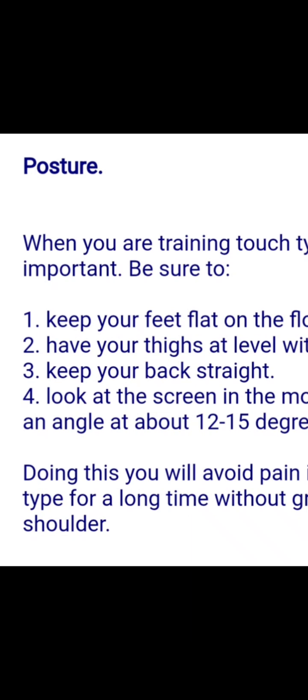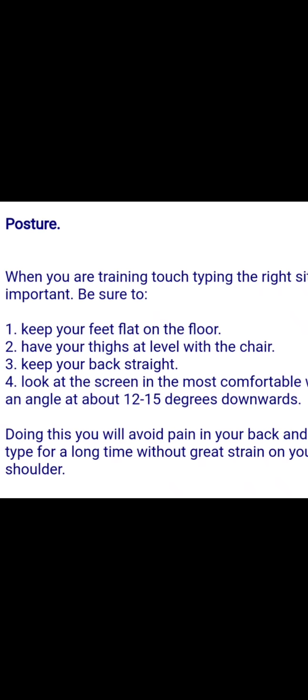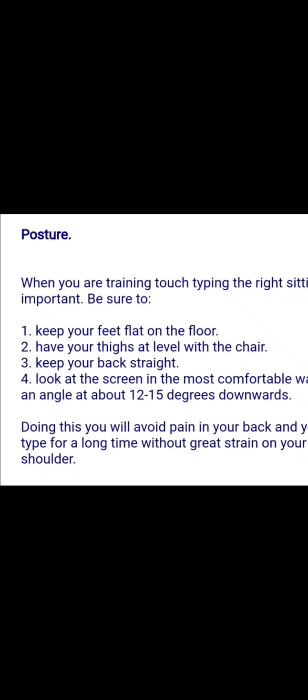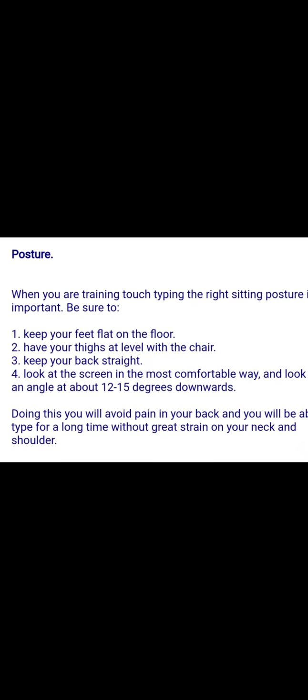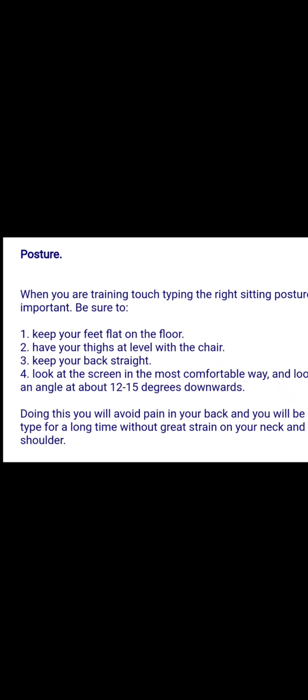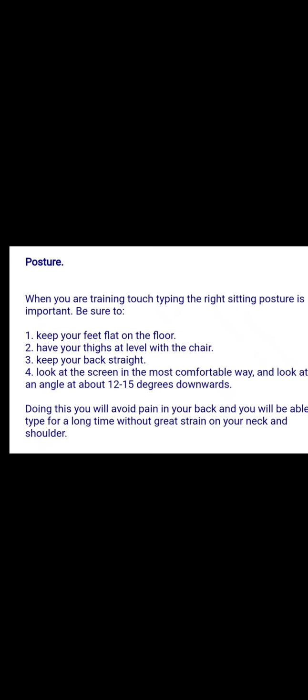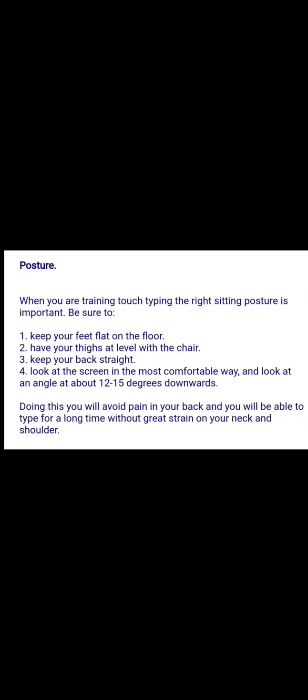Now, what is the proper sitting posture to type? When you are training touch typing, the right sitting posture is very important. So here are some points to remember for good typing posture. Sit straight with your back straight, feet firmly touching the ground and with both elbows bent at a right angle.